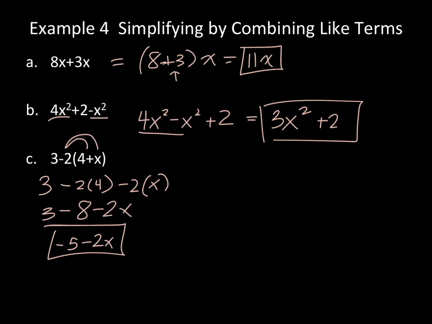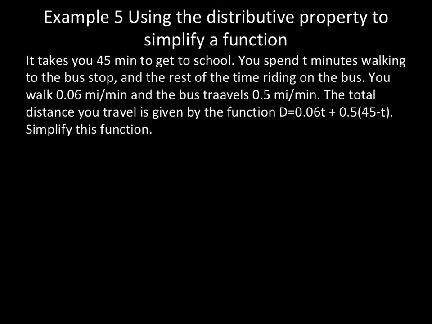Perfect. So looking at this last example now, it takes you 45 minutes to get to school. You spend t minutes walking to the bus stop and the rest of the time riding the bus. You walk 0.06 miles per minute and the bus travels 0.5 miles per minute. Sorry about the typo there.